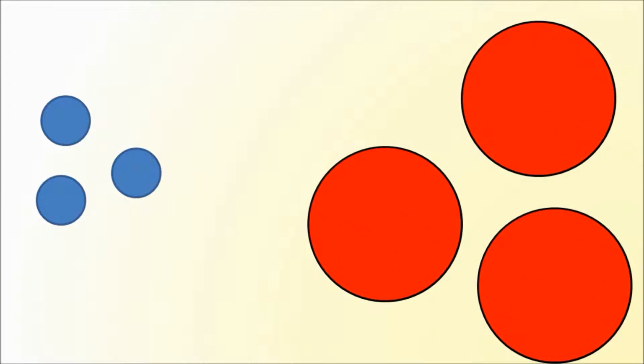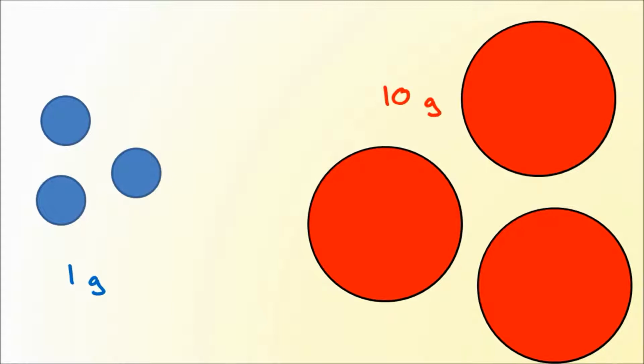So we have three really small blue circles here. Let's call three circles a triplet. And then we have another three, but really big red circles. Because three circles equals a triplet, this is also a triplet. So I have one triplet of small blue circles and another triplet of big red circles. As you can see, the blue circles are small, they only weigh 1 gram each, and the red circles are really heavy, they weigh 10 grams each.